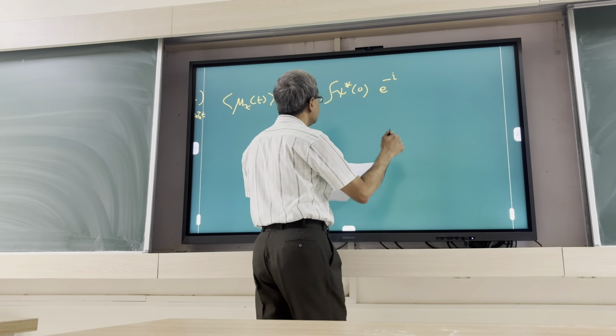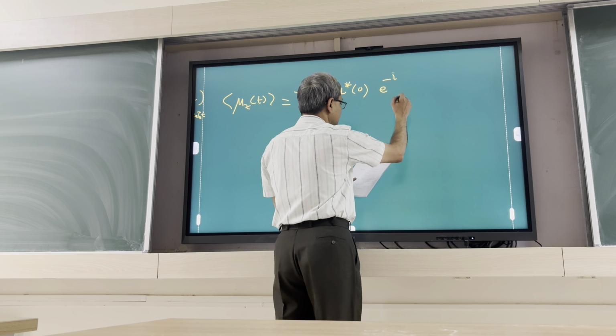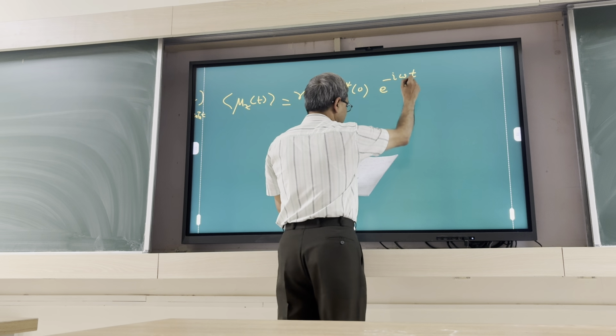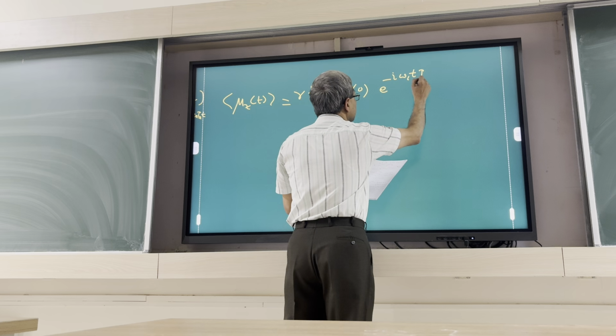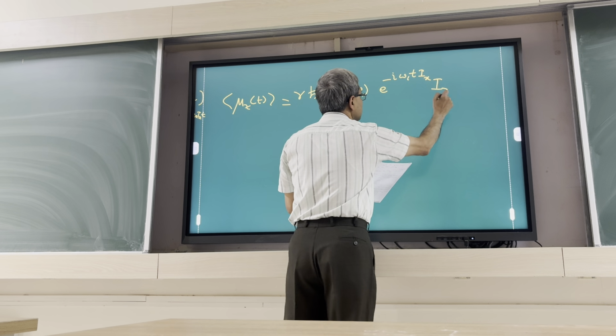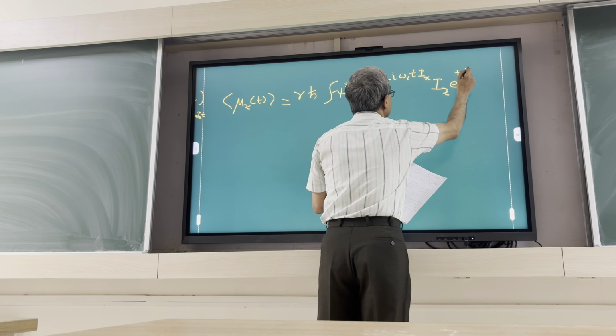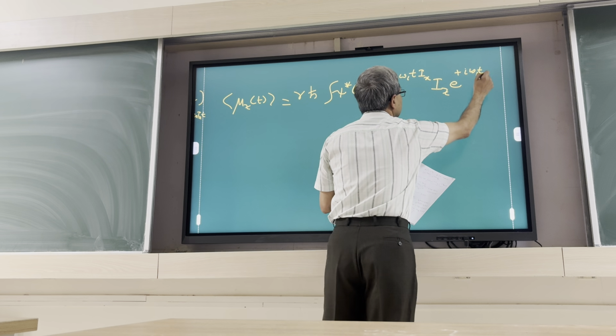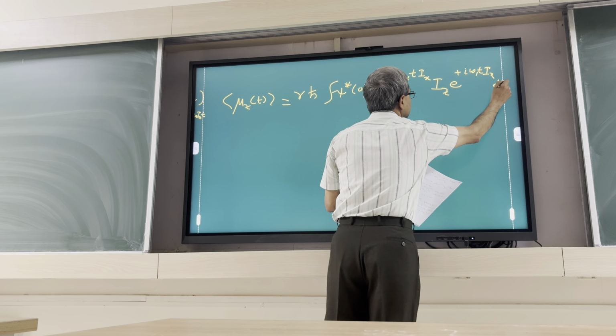What you have remaining is psi star 0 e to the i omega 1 t Ix, Iz and e to the plus i omega 1 t Ix d tau.